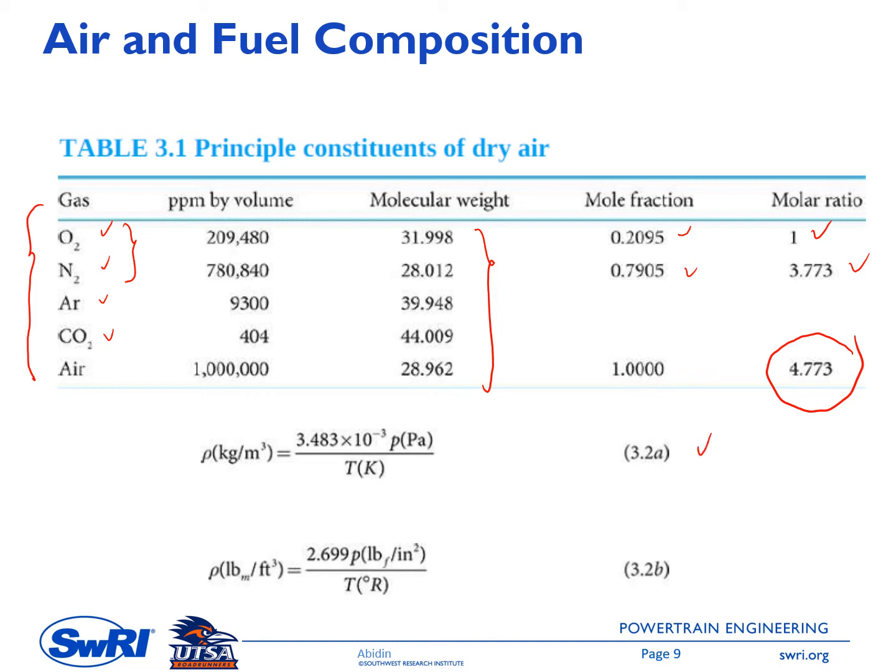And these two equations help you to get the density of air for a given pressure and temperature, assuming an ideal gas equation of state for air species. The second formula here is in case you want to get the density in British units.